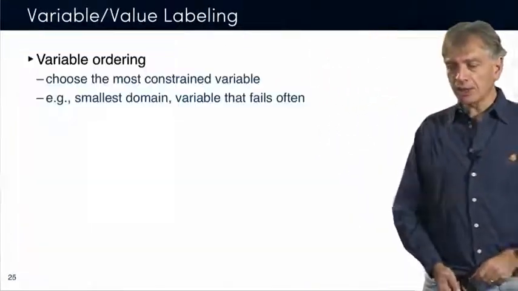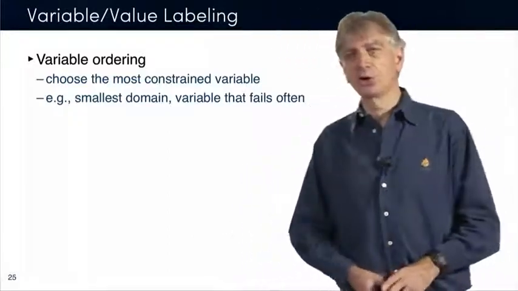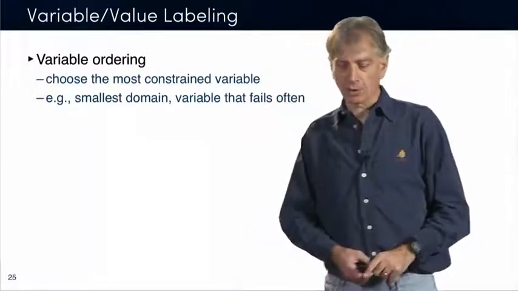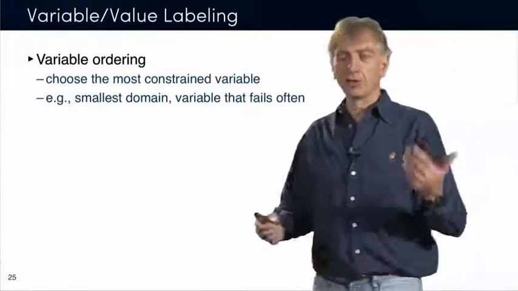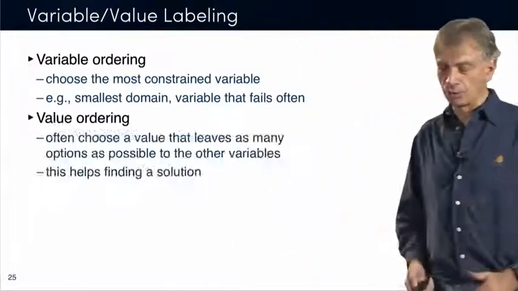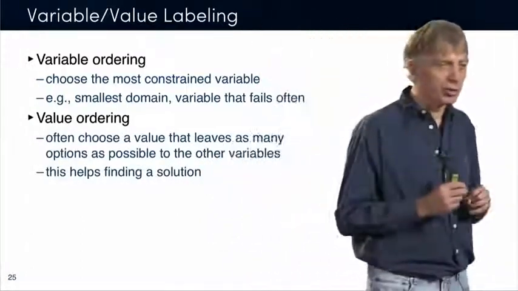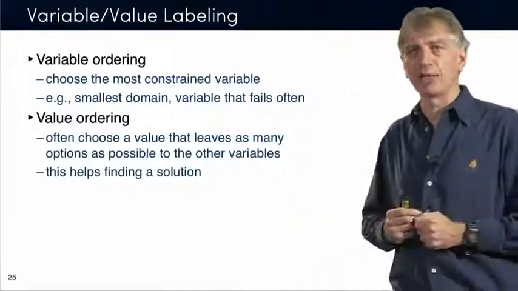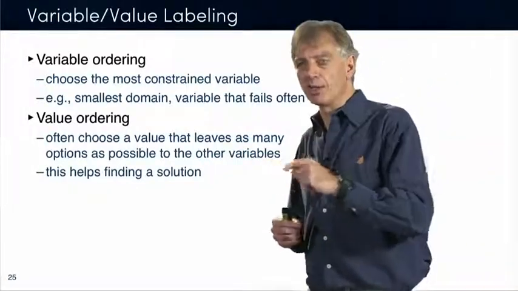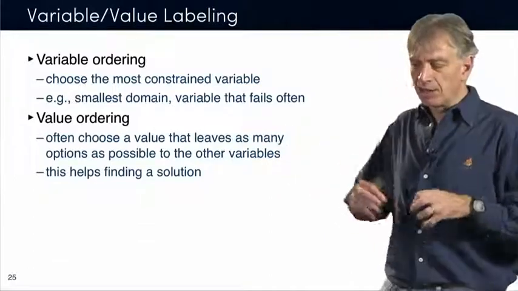Okay? So in general, when you have a variable value labeling, what you're going to do is to choose the most constrained variable first. That basically means the smallest domain or the variable that fails very often. Okay? That's the kind of things that you want to do. And the value ordering is going to be generally a little bit different. What you want to do is try to maximize the probability of finding a solution. So you're going to try to find a value which actually leaves as many options as possible in the future.